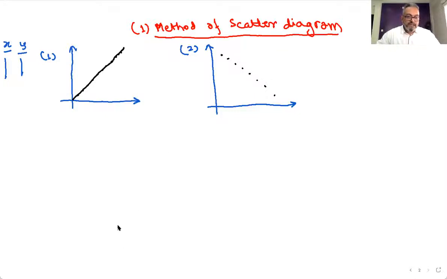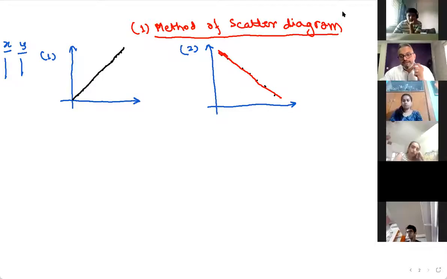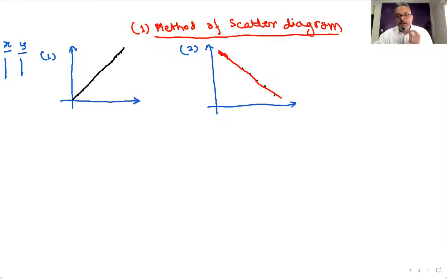But you can see that they are all well in a straight line. Now, whenever we get a perfect straight line like this, which is rising upward, we say that it is a positive correlation or there is a direct relation between two variables x and y.